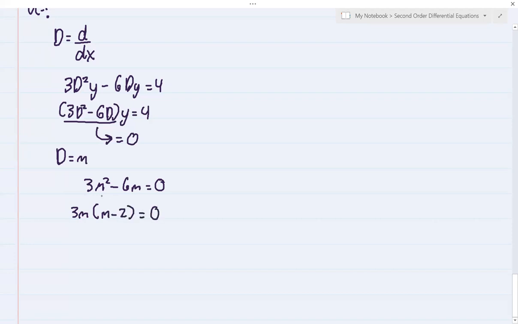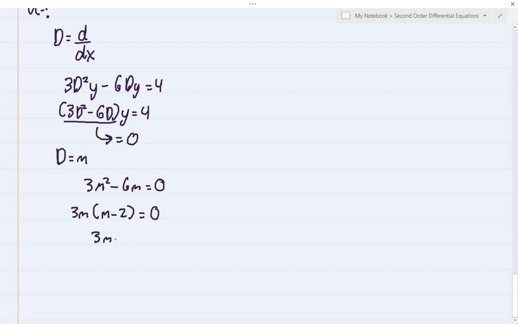This is the factored form of this quadratic equation, because these two terms, 3m squared and negative 6m, are both divisible by 3. So your GCF is 3m, basically. So factor them both, we will have 3m times quantity m minus 2.